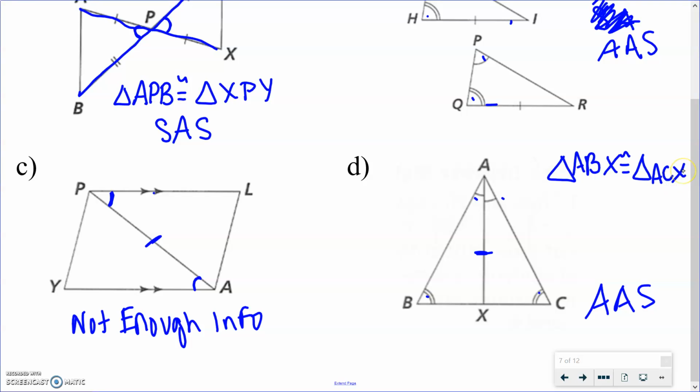And remember that the order does matter, and you need to have the corresponding parts. So I started with the angle with 1 mark, and then I went to the angle with 2 marks, and then to X, that is the angle that doesn't have markings. And so I can tell I'm going in the right order because they should be corresponding parts, like what we talked about yesterday when we write our congruence statements.